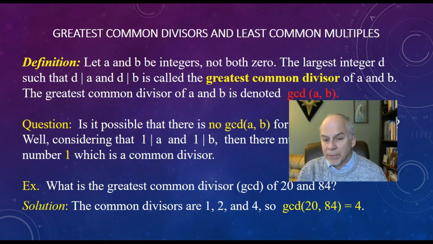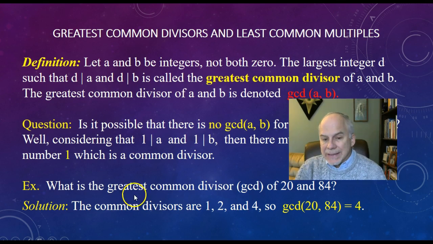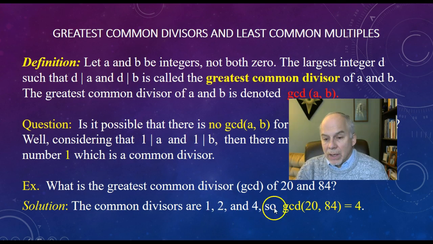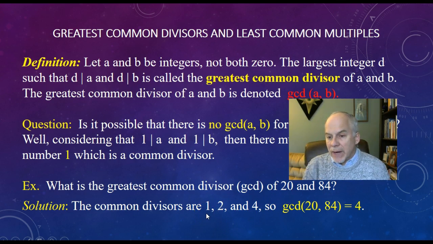Okay, here's an example. What is the greatest common divisor, the GCD, of 20 and 84? All right. Well, the common divisors of 20 and 84 are 1, because 1 divides into 20 and 1 divides into 84. Also, 2 divides into 20 and 2 divides into 84.